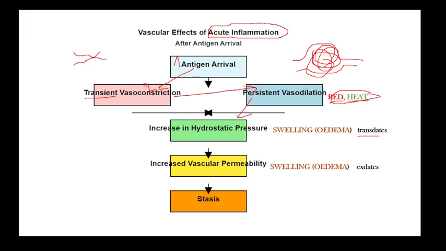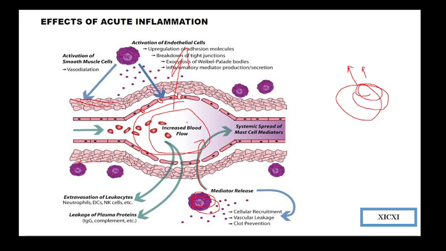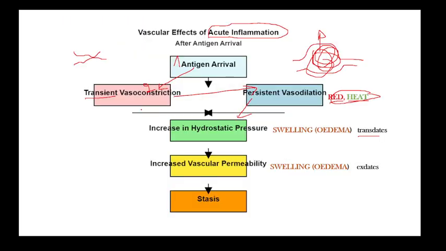This means the fluid will leak out of the blood vessel, but this fluid contains only water. There are no proteins, because proteins are large and can't penetrate the endothelium pores when there is no increase of vascular permeability.